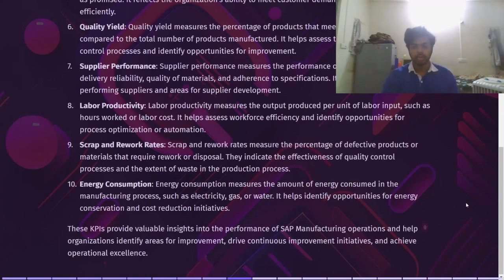Then comes scrap and rework rates, which measure the percentage of defective products requiring rework. Then comes energy consumption, which measures the amount of energy consumed in the manufacturing process. These KPIs help us identify areas for improvement and drive operational excellence in SAP manufacturing.